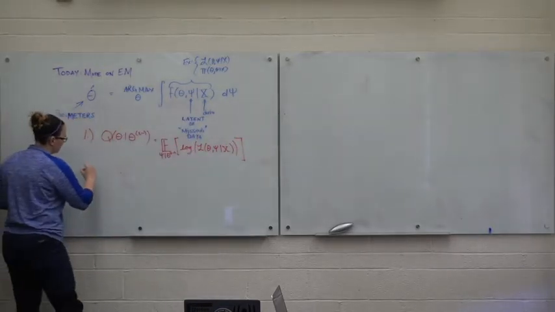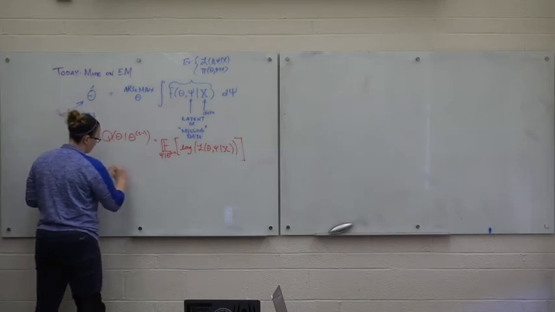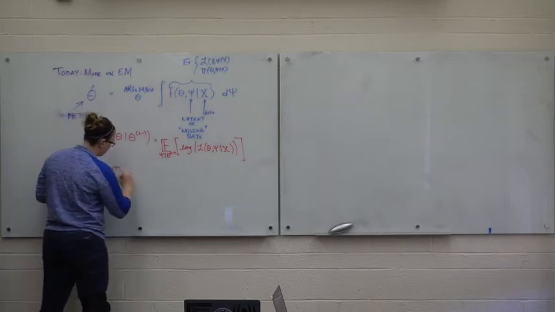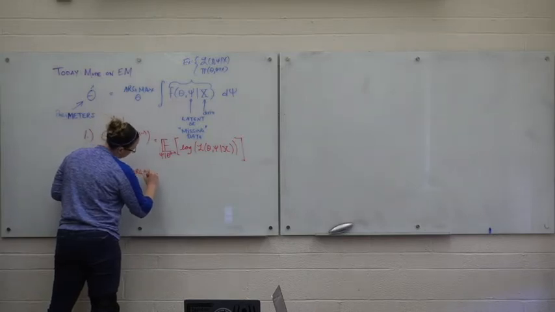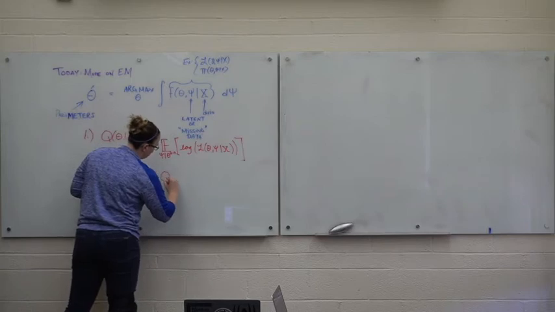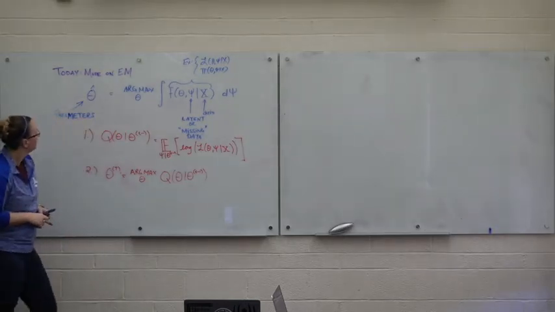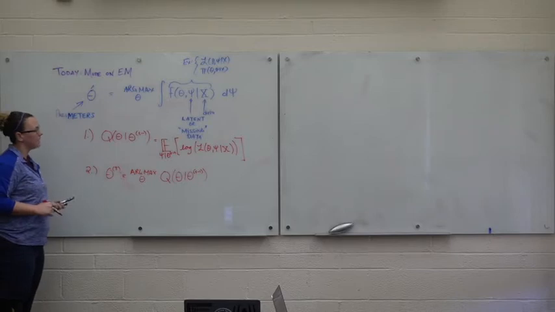Then step two, which was theta t, would equal the argmax over theta of this Q function. Okay? Now, all EM is doing is iterating over these two steps.